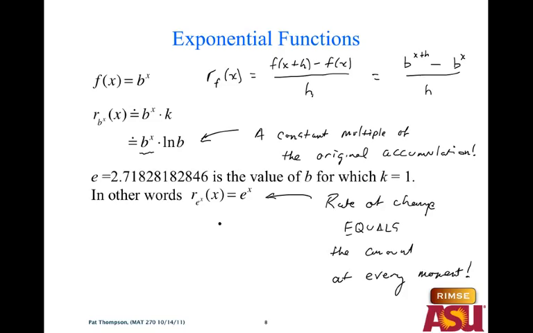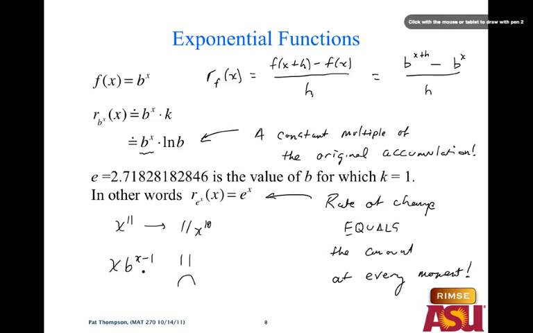Okay, and just a note, make sure you don't say that the rate of change of b to the x is x b to the x minus 1. Know where your independent variable is. If your x is in the base, that's the power rule. If your x is in the exponent, that's exponential. Totally different rule, right? So know what you're doing.